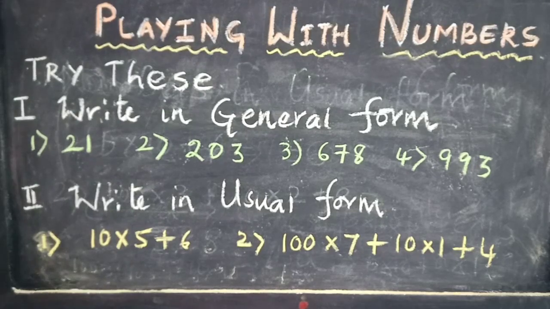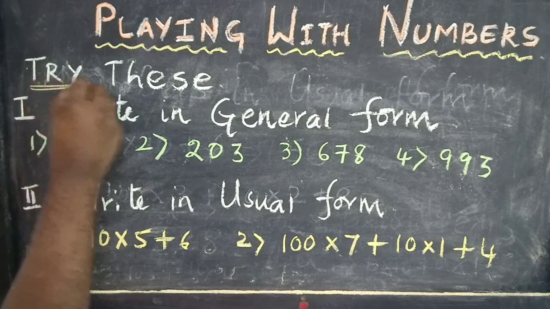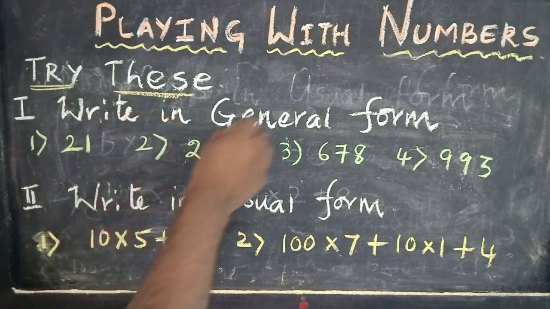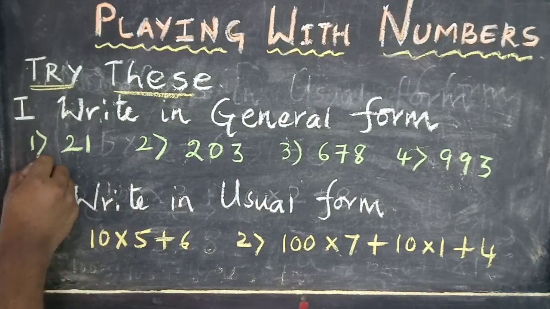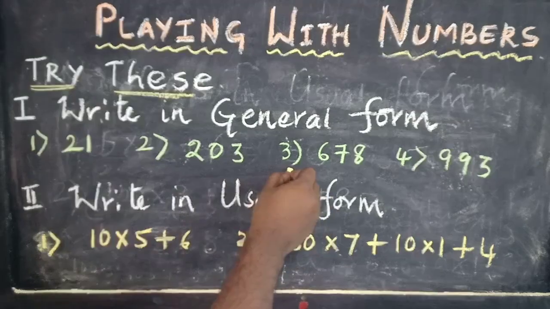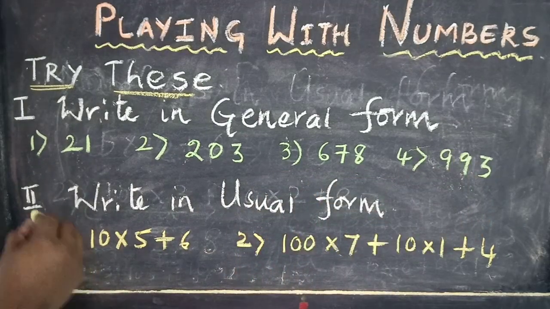Students, hope you have understood what you have learned today. If you have understood, try these questions. First, write the numbers in the general form: first question is 21, second question is 203, third question is 678, fourth question is 993.